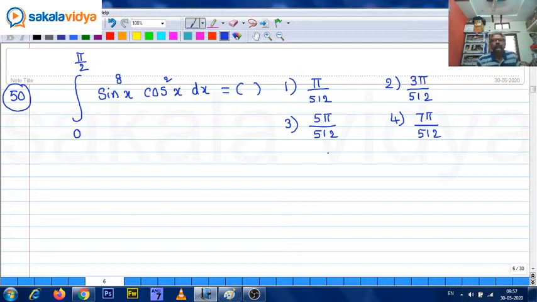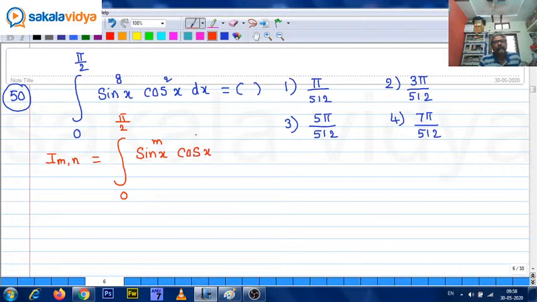Right. So we have the shortcut. Let me give the reduction formula. I m,n equals integral 0 to pi by 2 of sin x to the power of m, cos x to the power of n dx equals to m minus 1, subtract 2, m minus 3, subtract 2, m minus 5 and so on.